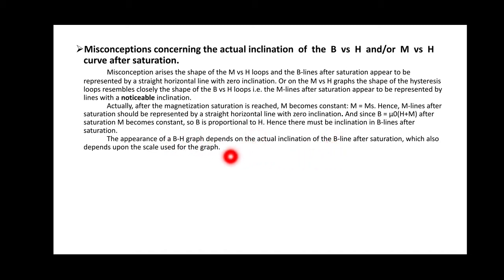So what will be the inclination? It depends upon the scale we are using, because on showing the data on the curve, inclination depends upon the scale which is used to represent our data.